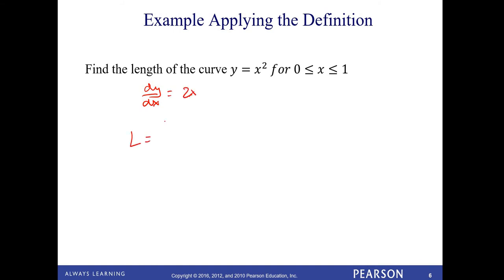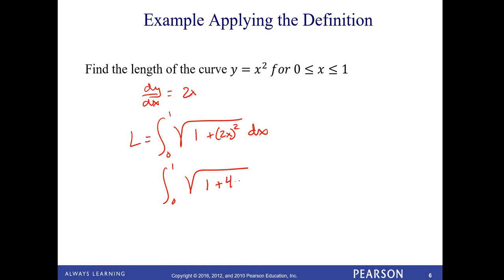Our length, therefore, is the integral from 0 to 1 of the square root of 1 plus 2x squared dx. If you want to simplify this, you can, but this is going to be a calculator evaluation, approximately 1.479.